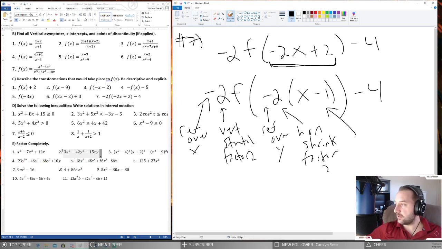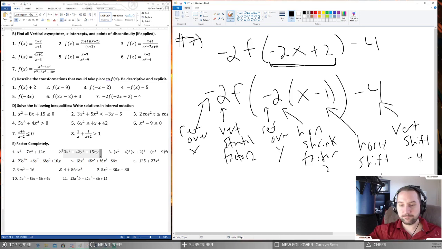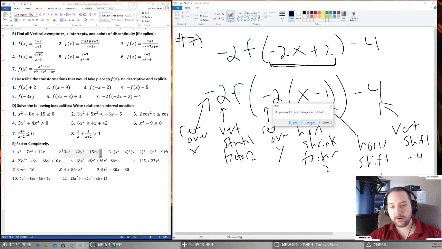Then I have a horizontal shift of positive 1, and then a vertical shift of negative 4. So that pretty much covers every little bit from transformations. All right, so let's move on to part D.